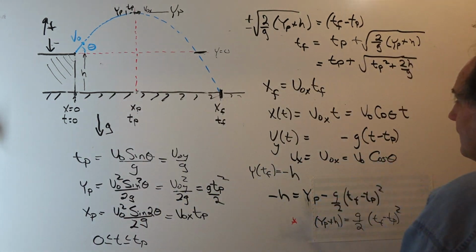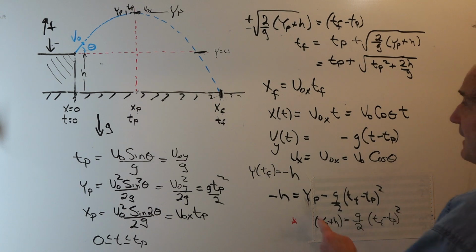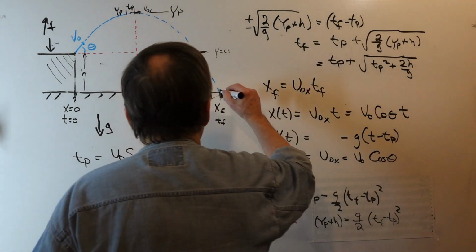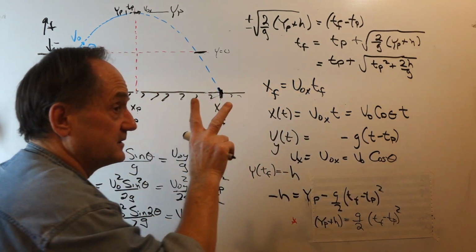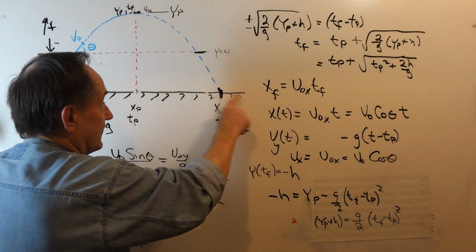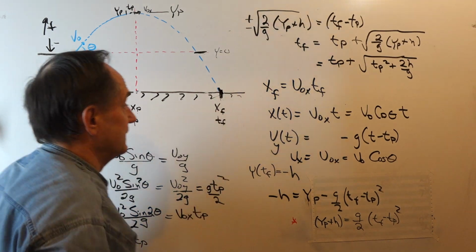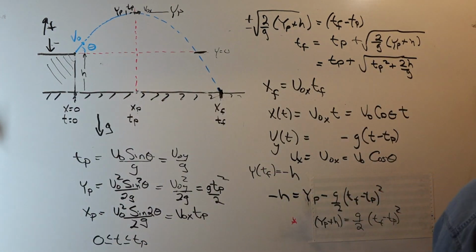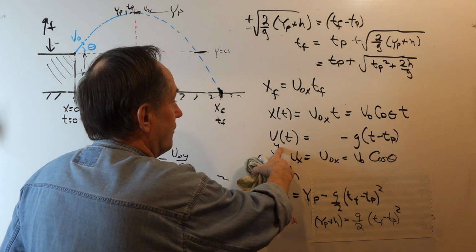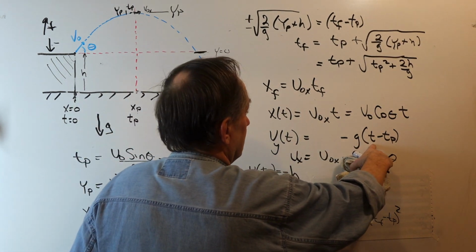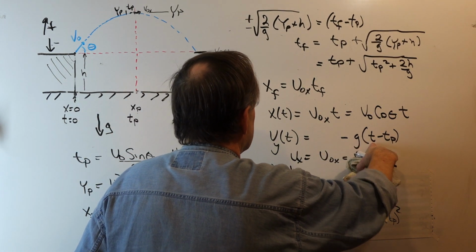How about now for the final velocity when it hits the ground? Well, that's going to consist of two components: velocity in the x direction and velocity in the y direction. The velocity in the y direction will be when t is equal to t final in this equation.